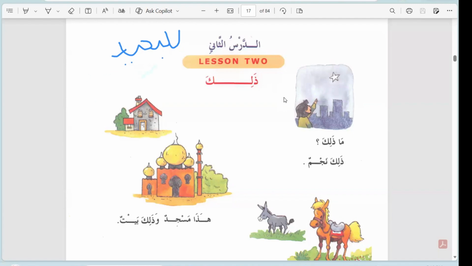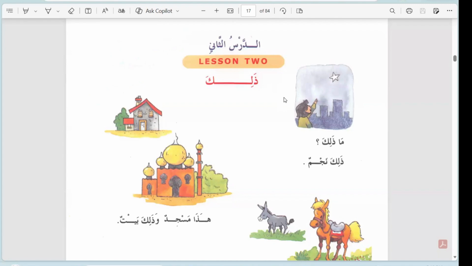Okay, so it is a noun that is used to point to things that are far, and the gender is masculine.